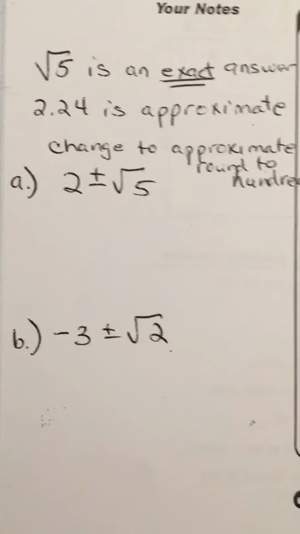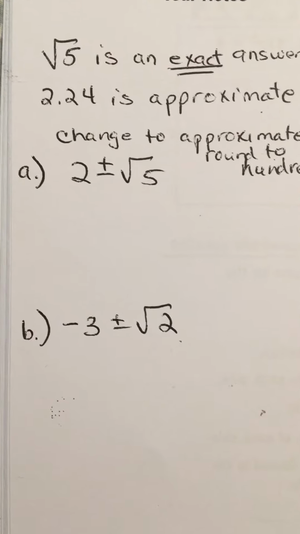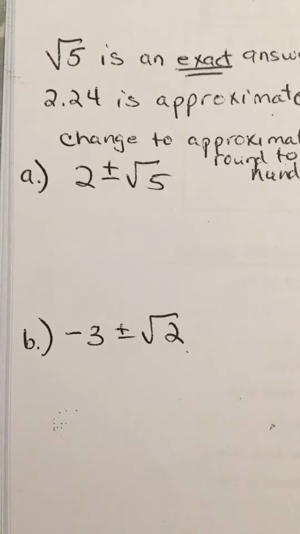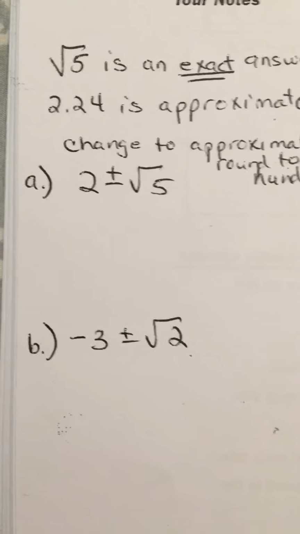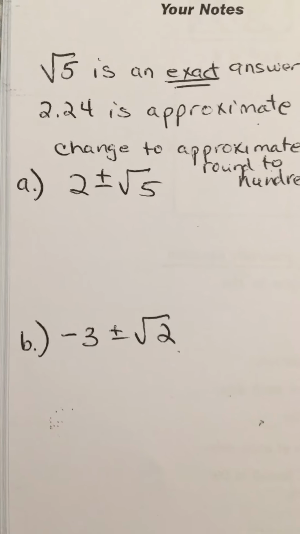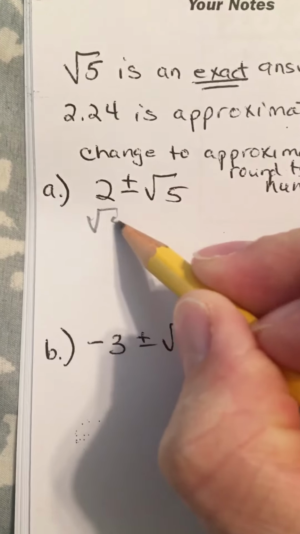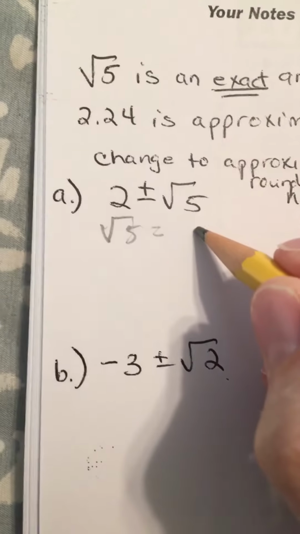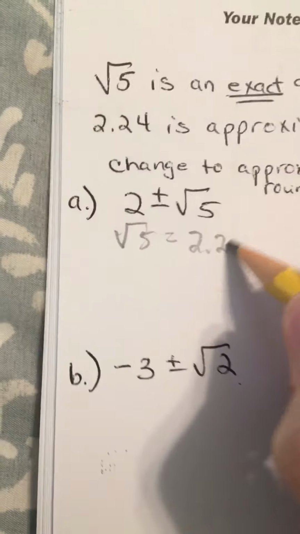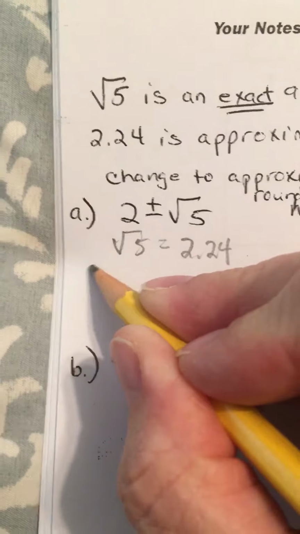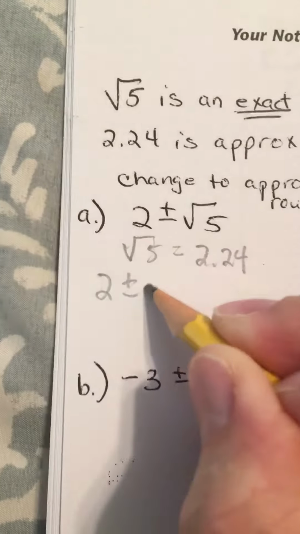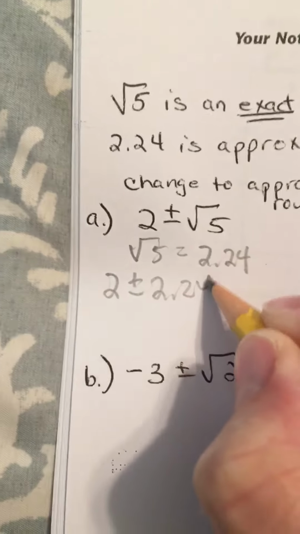So we're just going to practice, how do I change an answer like 2 plus or minus the square root of 5 into a decimal answer? Well, as I said before, the square root of 5, if you use your calculator and you round it, is 2.24. So this is really saying 2 plus or minus 2.24.